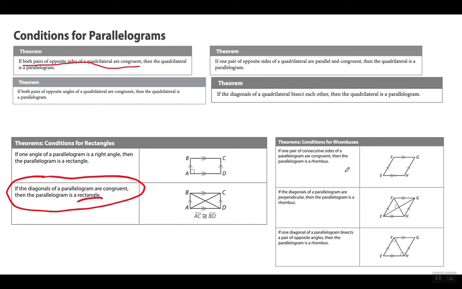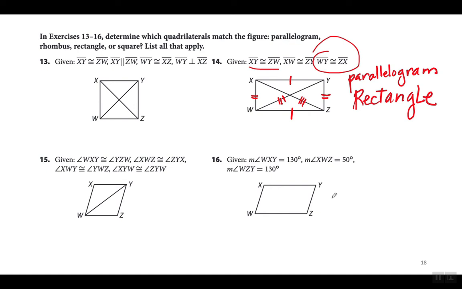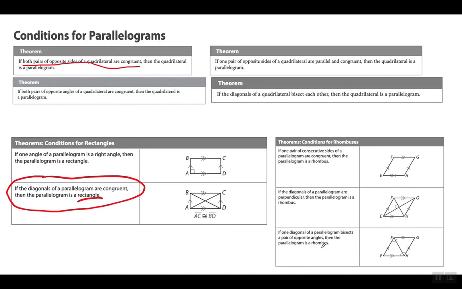Okay, esta condición no existe en ese problema, porque tiene que ser un par de lados consecutivos congruente, y eso no existe. All right, the second condition, if the diagonals are perpendicular, no, those diagonals are not perpendicular. Los diagonales no son perpendicular.